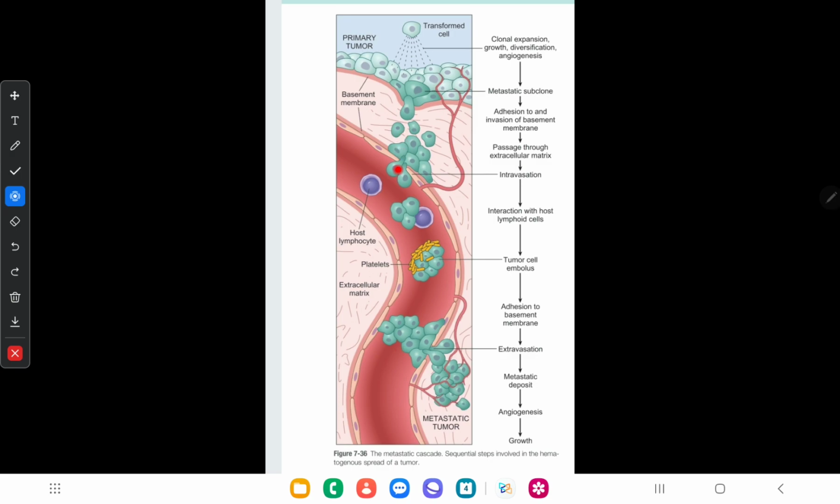When it comes into the blood circulation we call it intravasation, and when it goes out from the blood vessel we call it extravasation. After going to distant places, these tumor cells extravasate from the blood vessel. Then you can see it has deposited in a distant place, angiogenesis occurs and growth starts. So that is how the metastasis of tumor cells occurs.